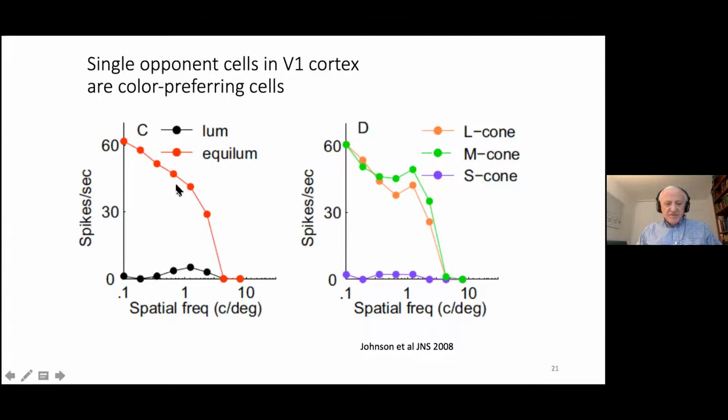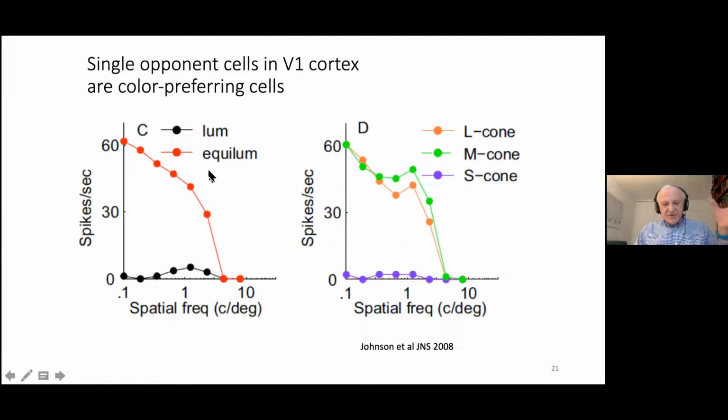And these neurons respond much more strongly to color than they do to black and white. So over the region of spatial patterns that they respond to, the color response is much bigger than the response to luminance. For this reason, they've attracted a lot of attention from people who study color in the brain. They looked at these neurons and said, these are the ones I want to study because they respond so much better to color than to luminance.